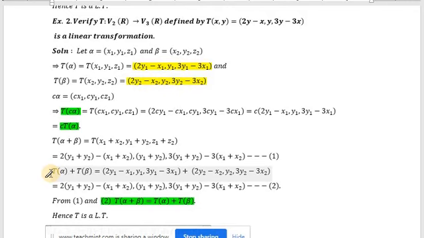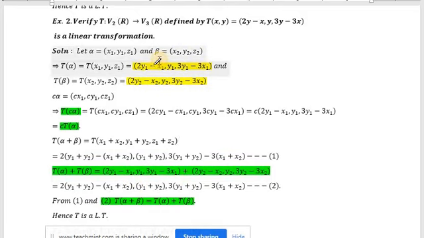Then take T of alpha plus T of beta. T of alpha is (2y1 minus x1, y1, 3y1 minus 3x1) and T of beta is (2y2 minus x2, y2, 3y2 minus 3x2).